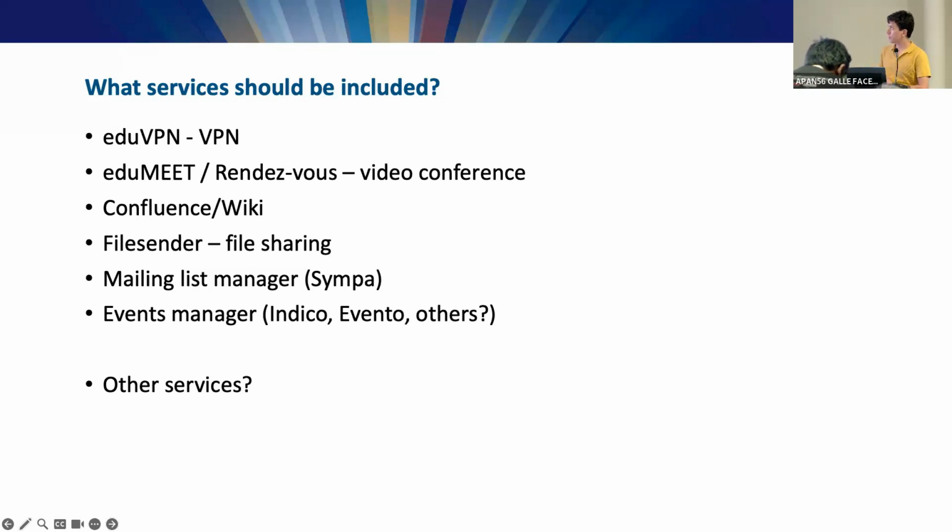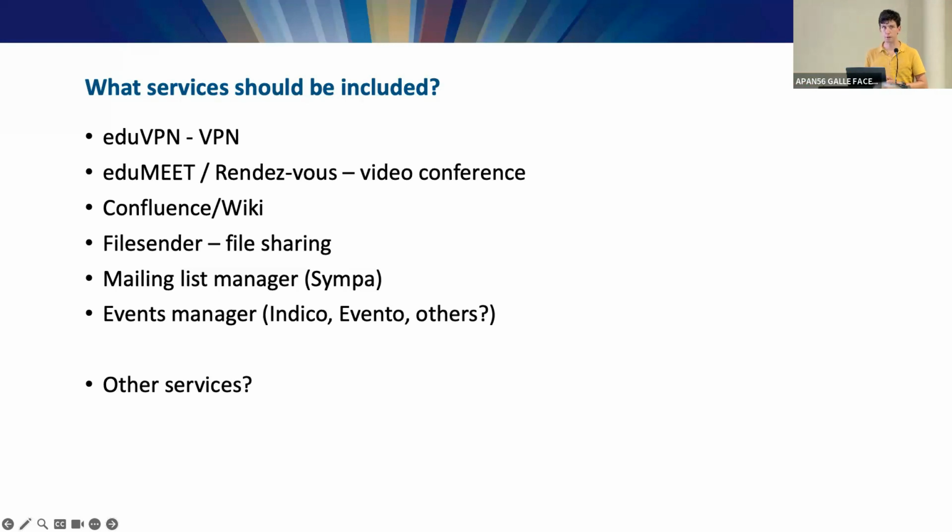So we have been thinking about a couple of types of services, which have been created in the NREN community. No, not all of them, but most of them have been. So we think about VPN, EduMeet and Rendezvous, video conference services. One was created in the GEANT project.